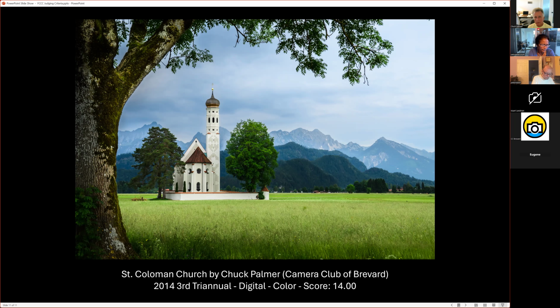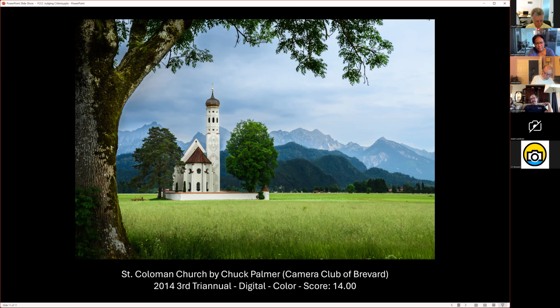And certainly put photos into competitions, but don't stress out about the fact that you may find differing judges saying differing things.